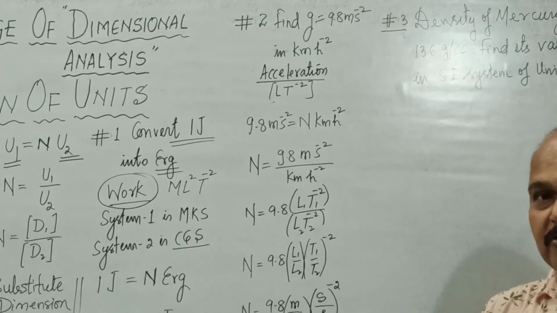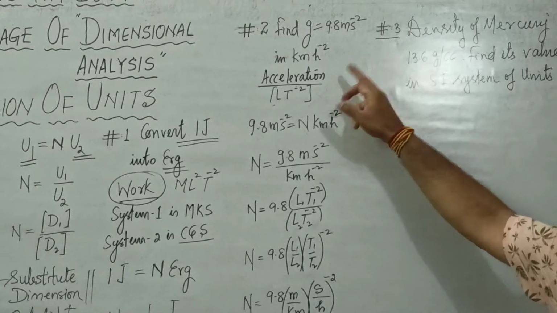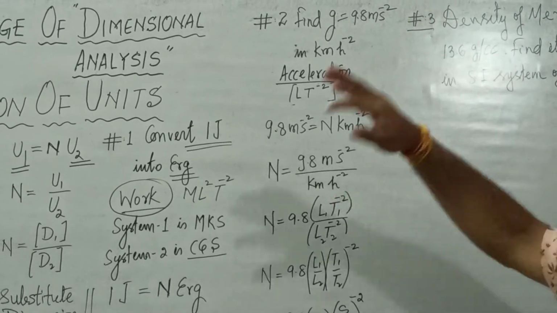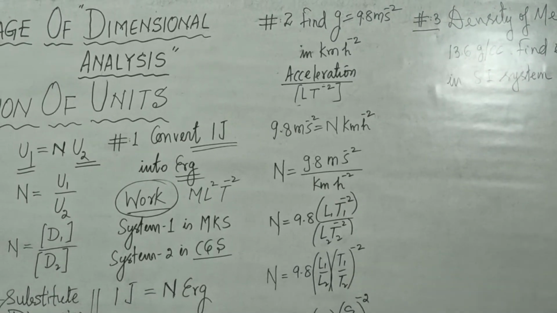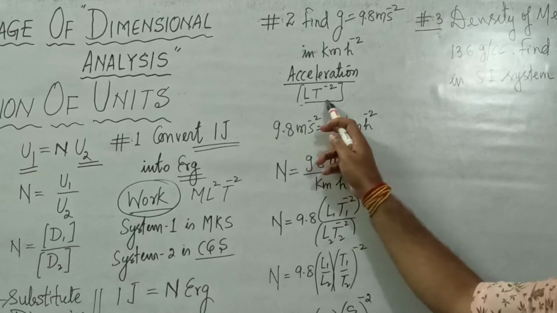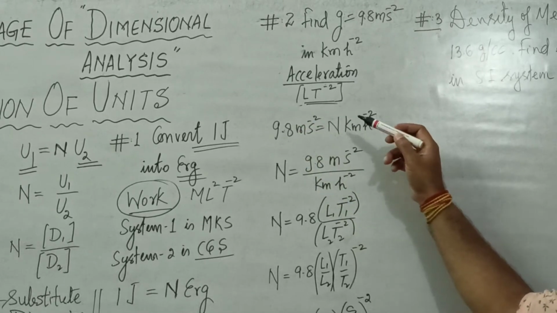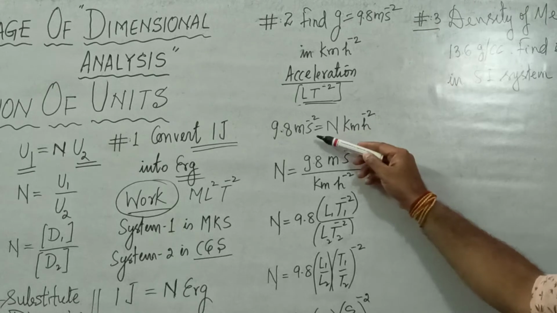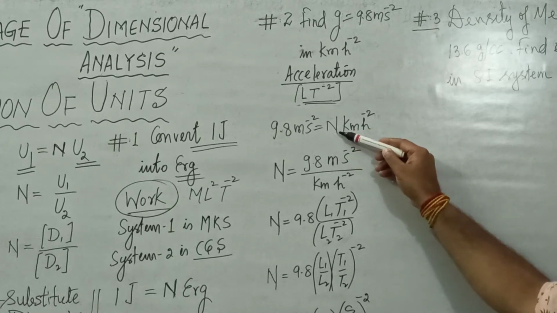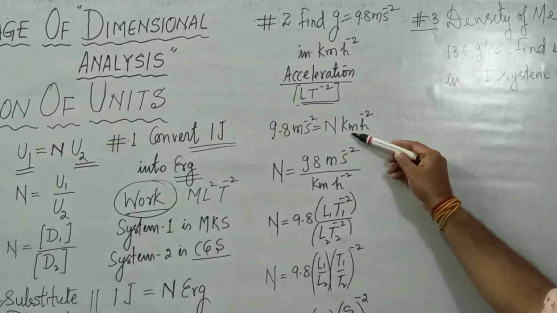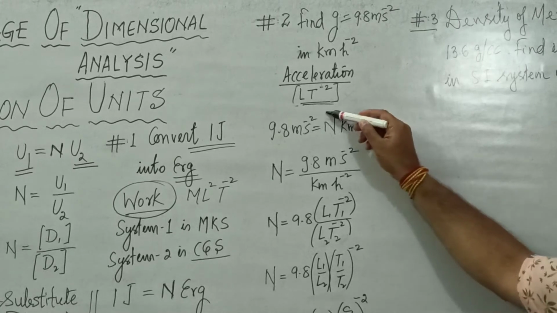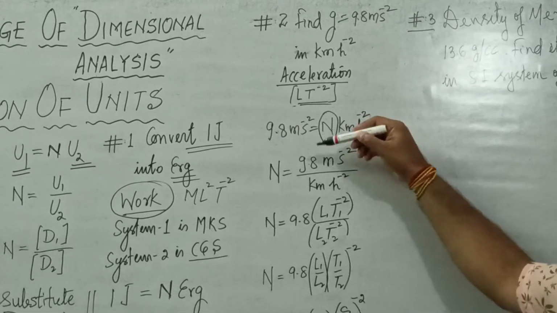So the physical quantity in the question is acceleration. Its dimensional formula is LT^-2. So 9.8 meter per second square is equal to n times kilometer per hour square. This n is the conversion factor, and we are going to find it out.